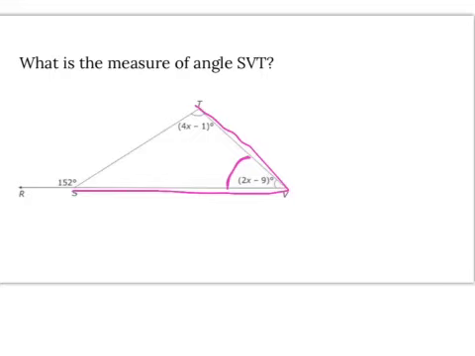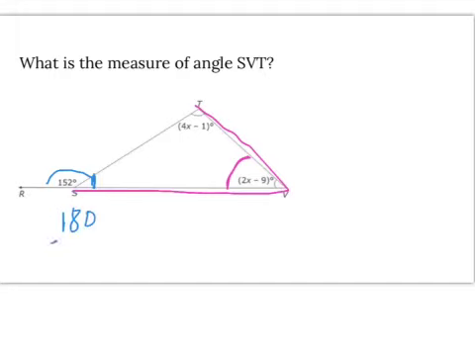Okay, so I know a triangle's degrees add up to 180. So if I know all 3 of these angles, I can add them up and set them equal to 180. I have 2 of them already represented, but I need this one right here. Well, I see that it's on a straight line with the 152, which means it's supplementary and adds up to 180.